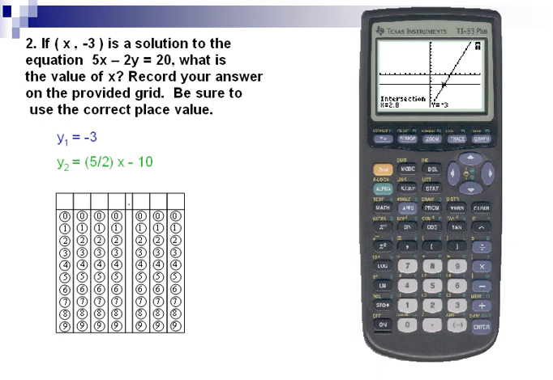Our point of intersection is at 2.8, negative 3. Since we're looking for the x value, we want to record the 2.8 on our grid, and then record below by bubbling in.